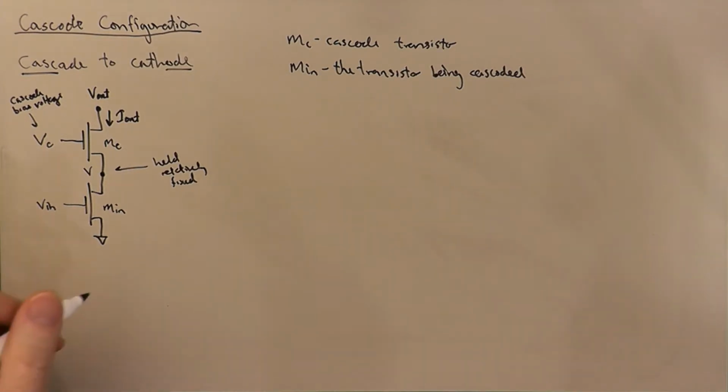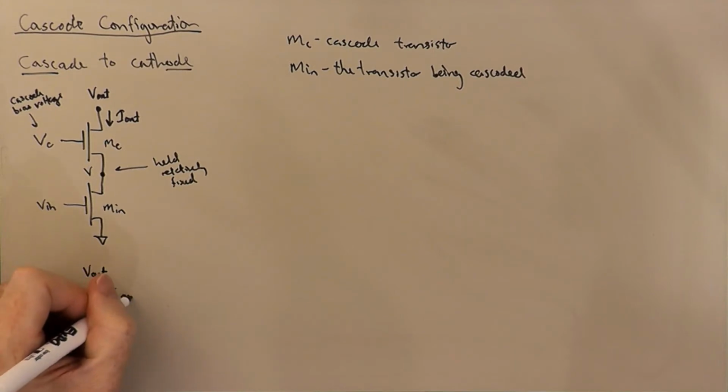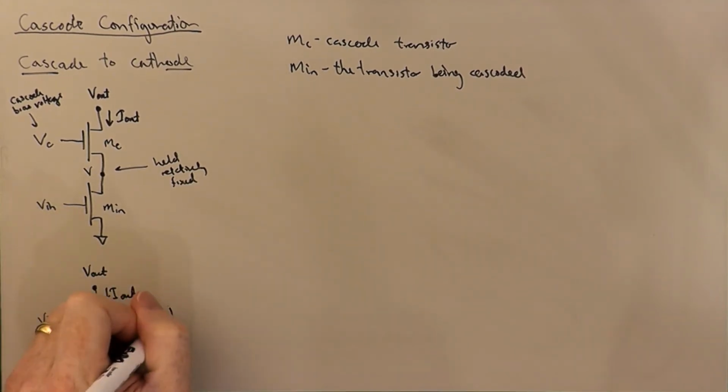Our baseline for comparison is a single transistor whose input is on the gate and whose output current is the channel current.